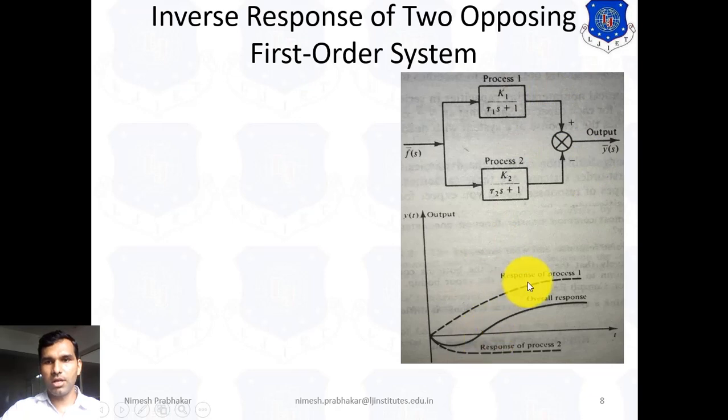So this is the response of process 1 indicated by the dashed line, and this is the response of process 2 indicated by this dashed line, and this is the overall response. That means this second block represents the inverse response. Due to that, this inverse response effect occurs.